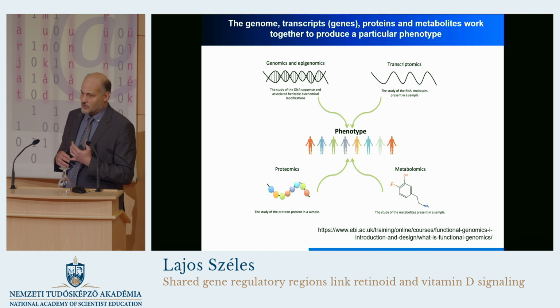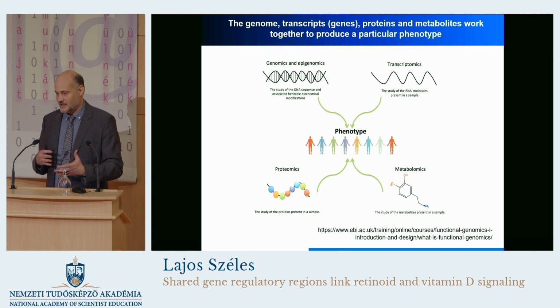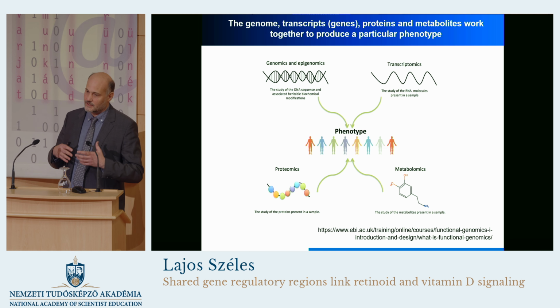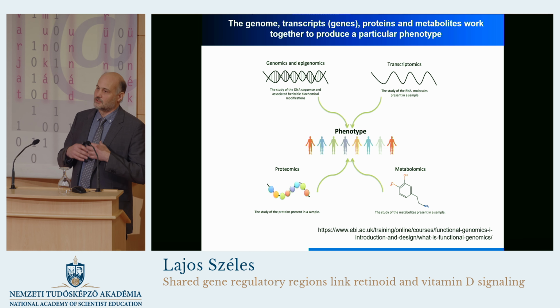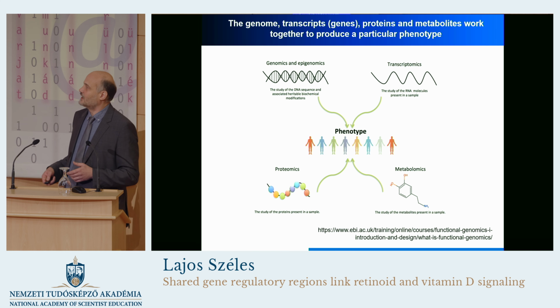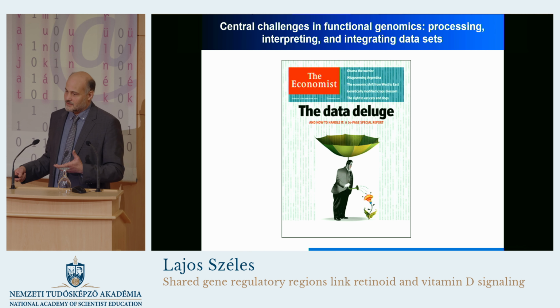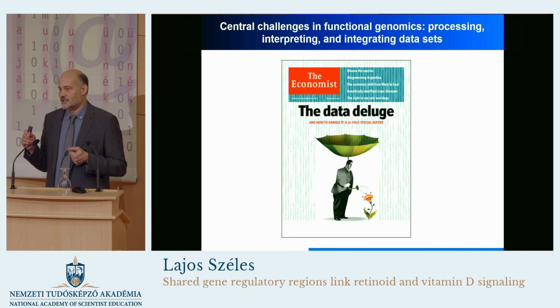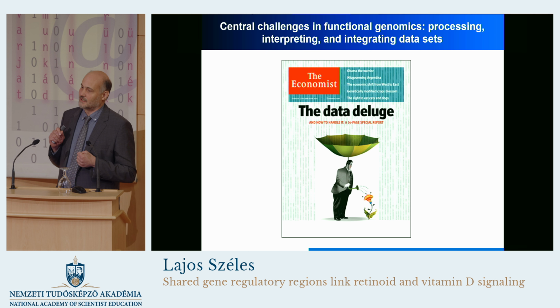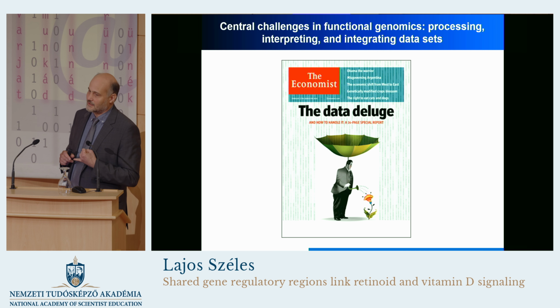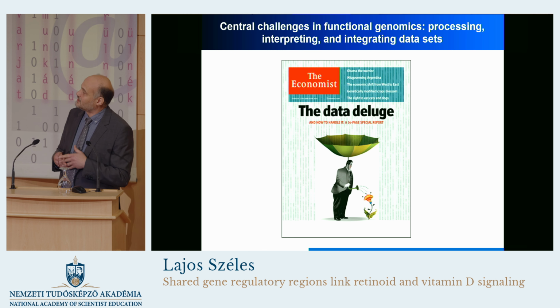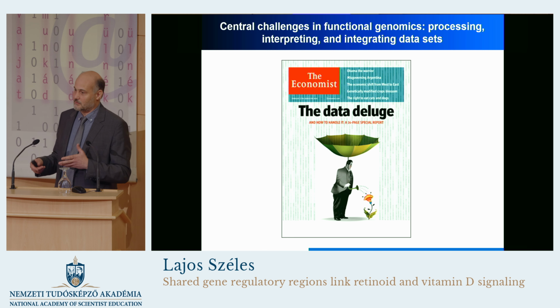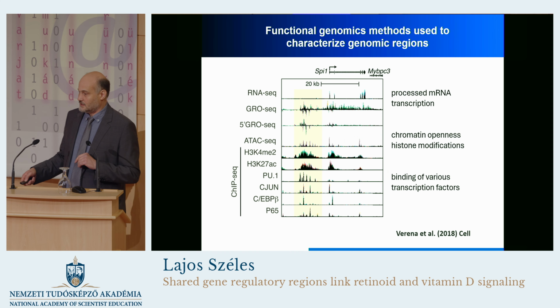They are typically global approaches, so we investigate events genome-wide, with multiple genomic regions and multiple proteins investigated at the same time. As a consequence, we typically face challenges in processing, interpreting, and integrating data sets. Instead of how to collect data, the main challenge is how to understand and interpret the data we generated.